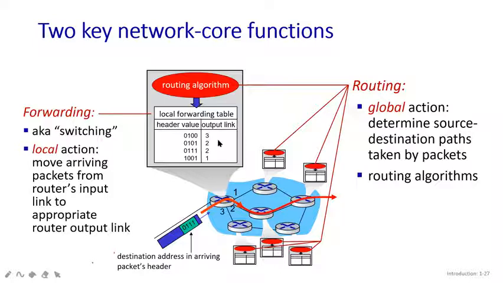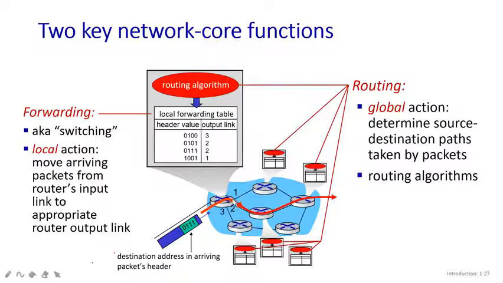Suppose you just consider this router. Whatever values I give on this side is the input to this router. Now whatever comes out, there are three ways: 1, 2 and 3. These are the output links of the router.